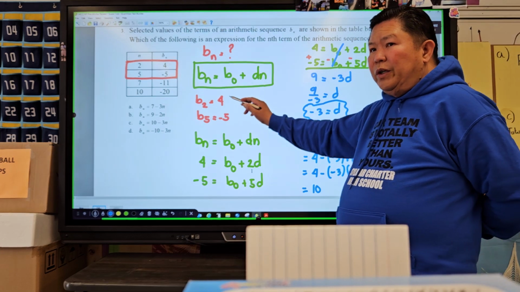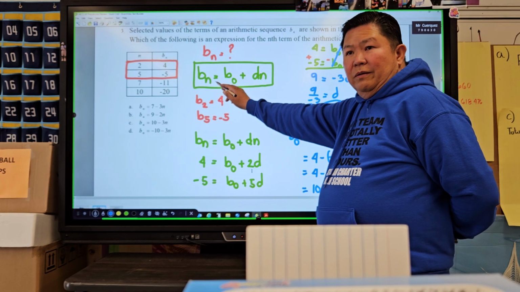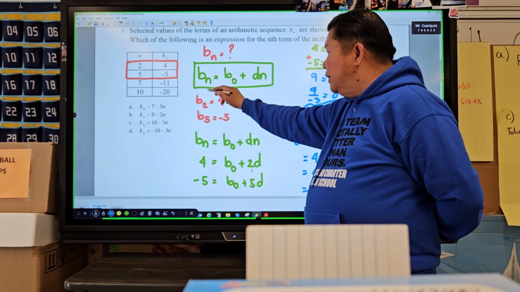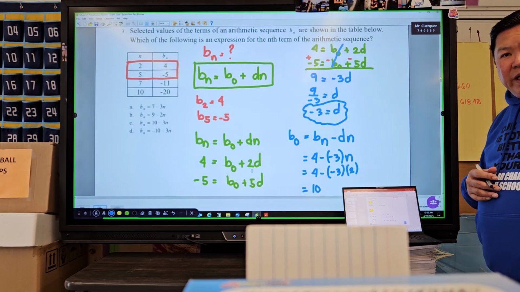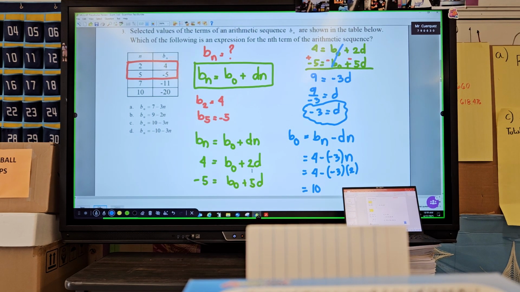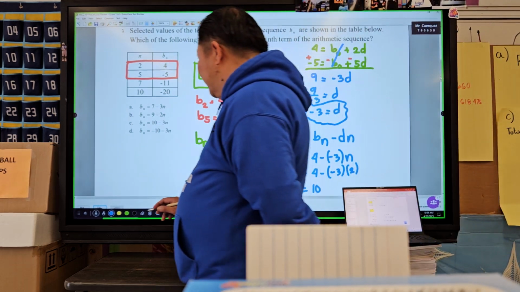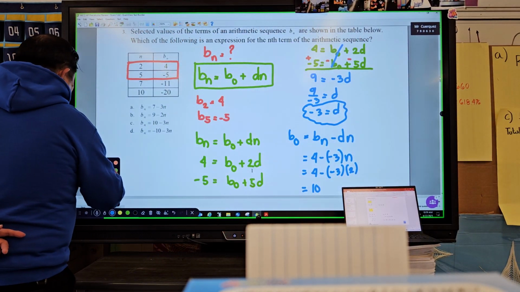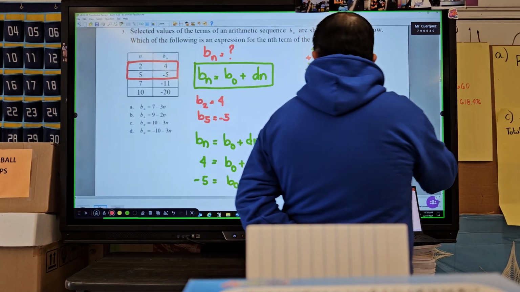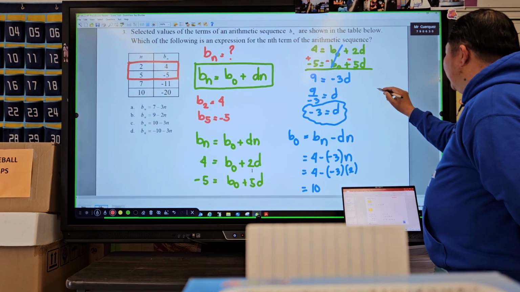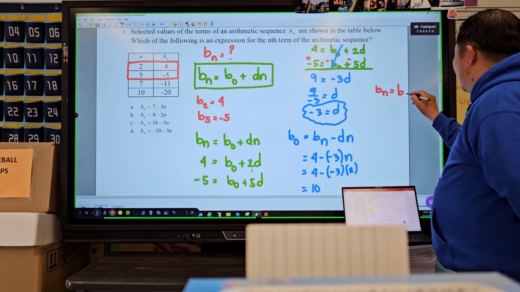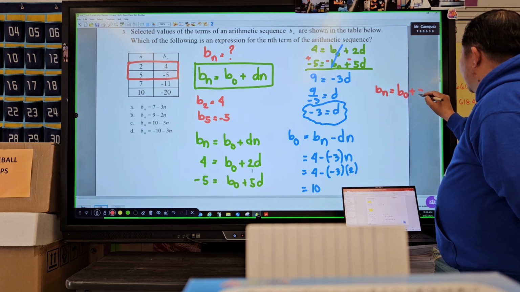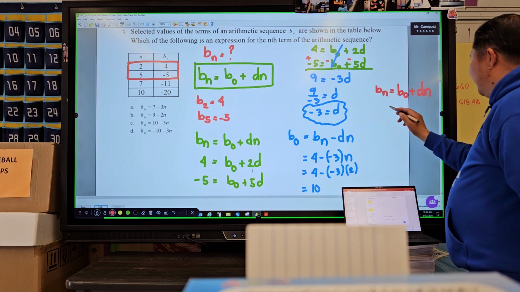So, what we are trying to solve is, or to look into is, in the form B sub n is equal to B sub O plus dn. Okay, so final answer would be, I'm gonna use the one, B sub n is equal to B sub O plus d times n.